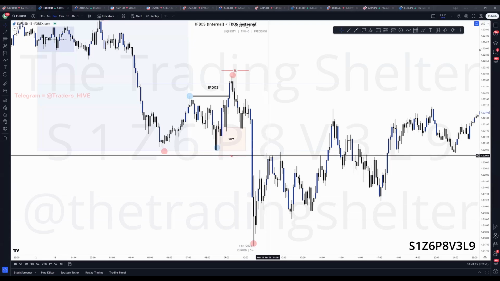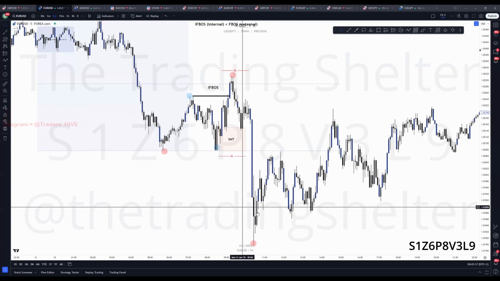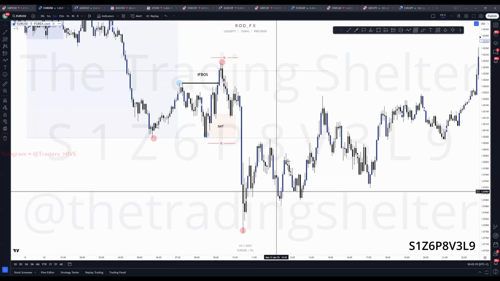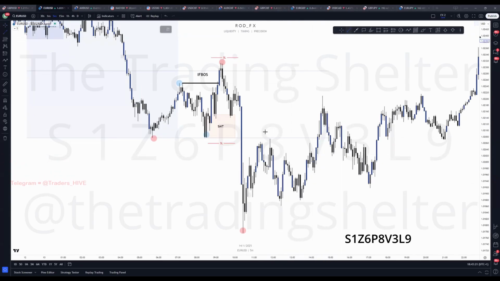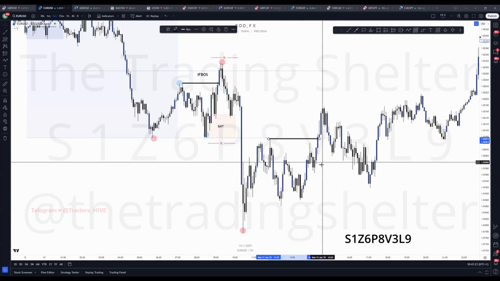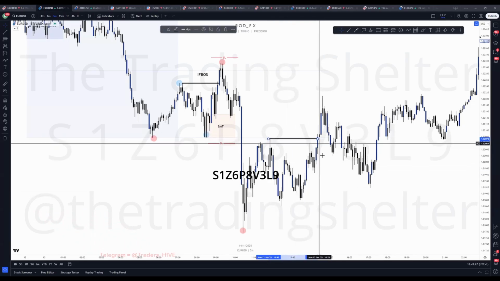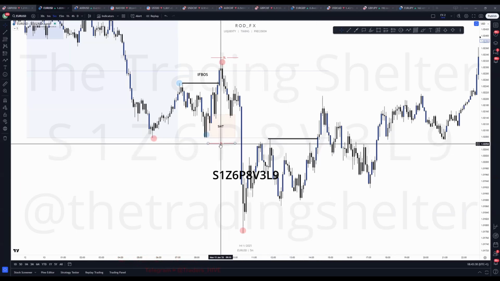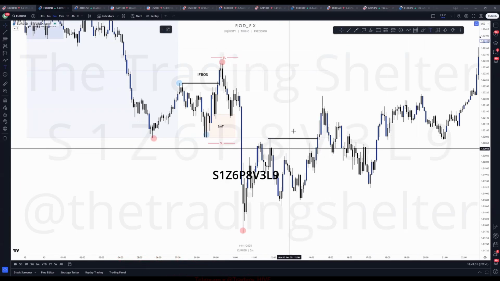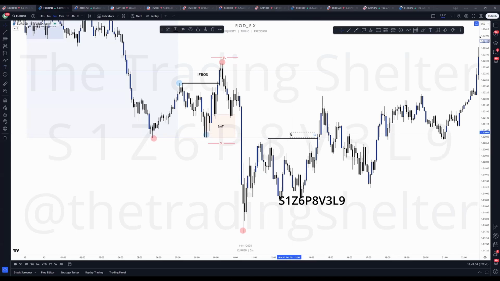So price reacts to no man's land, creates more price action development, and now we have our first buy, a first structural high. Do we have, in your opinion, breakout entering here?